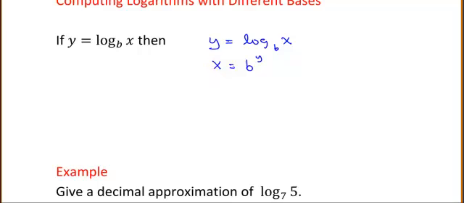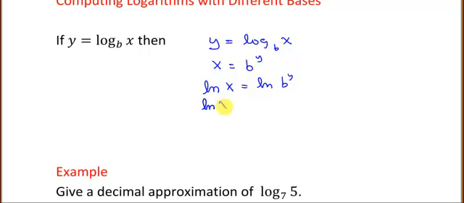If x is equal to b to the y, then their natural logs should be the same. So the natural log of x should be the same as the natural log of b to the y. And now notice we have the natural log of something being raised to a power, so that power can be brought out as a multiplier.